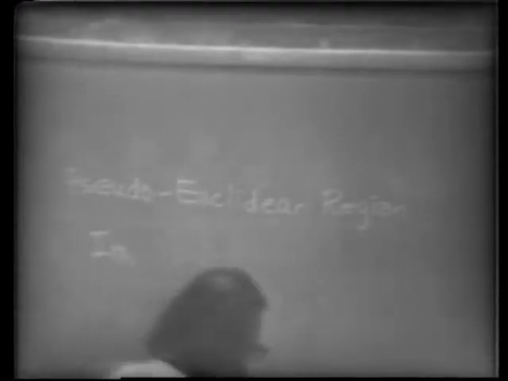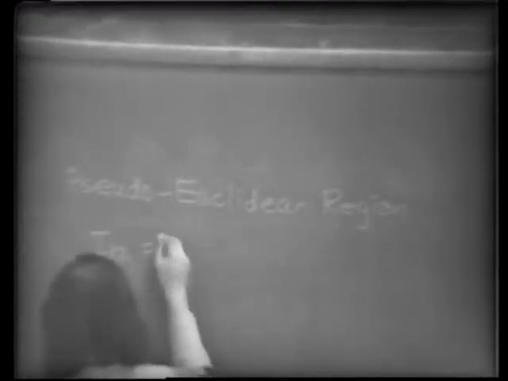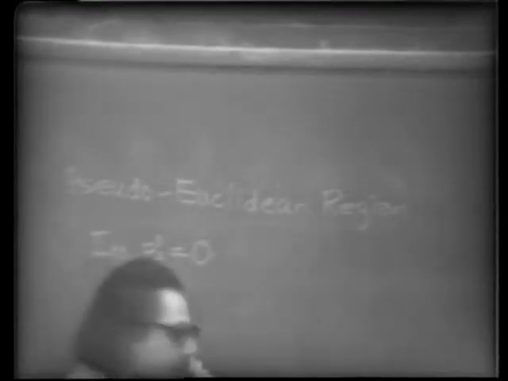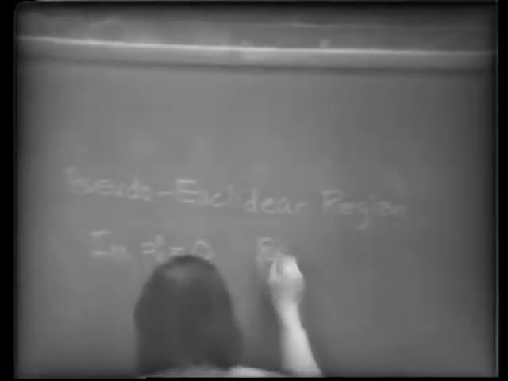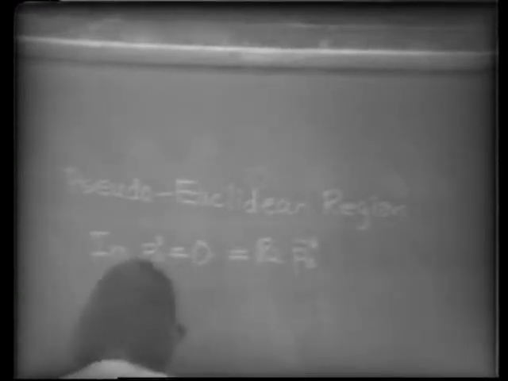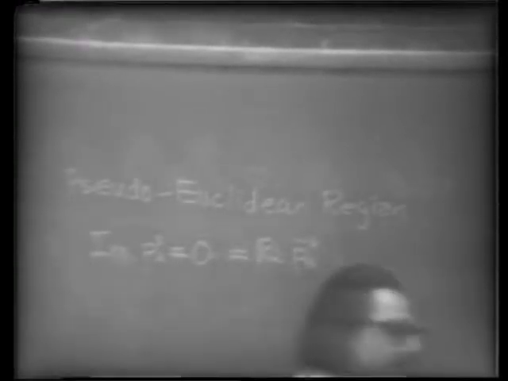This is defined as a region in which the imaginary part of all external momenta are equal to 0 in their time parts, and the real part of the space part vanishes.